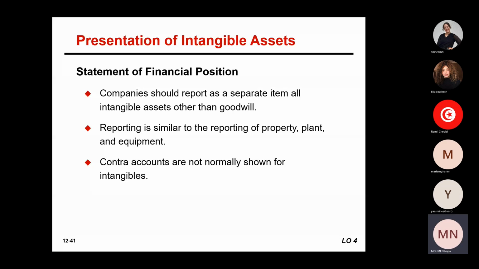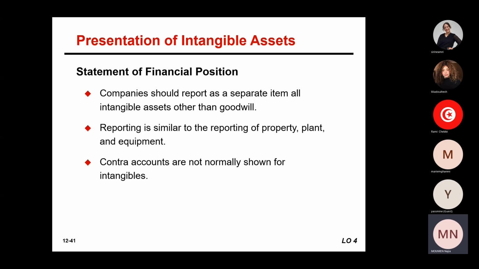We use in particular the account of the asset itself. So contra accounts are not shown for intangibles. This is how we commonly provide information regarding intangible assets within our statement of financial position.